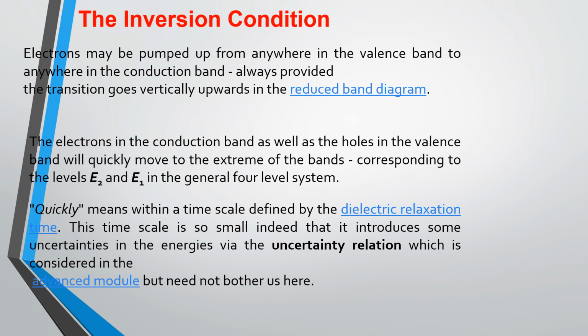Quickly means within a time scale defined by the dielectric relaxation time. The smaller this time is, the quicker the action is. This vigorousness is obvious in the reduced band diagram, and it helps enhance the stimulated emission, which is the basic condition of laser. So this is the inversion condition in semiconductor lasers.